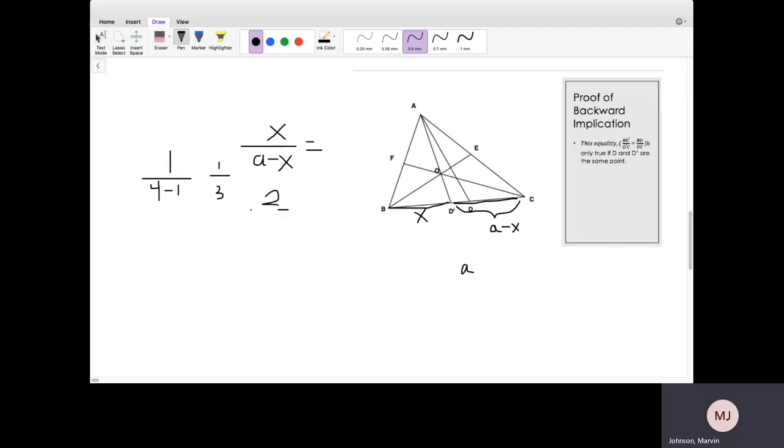Here we're going to have 2 over 4 minus 2, which is 2 over 2, and that's equal to 1. And if we keep going, we can do 3, and that's going to give us 3 over 1, which is 3. So we see it's increasing: 1/3, then it goes to 1, then it goes to 3. So we're already seeing that it's an increasing function.